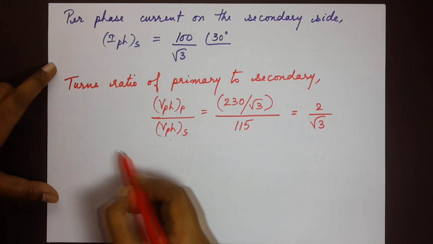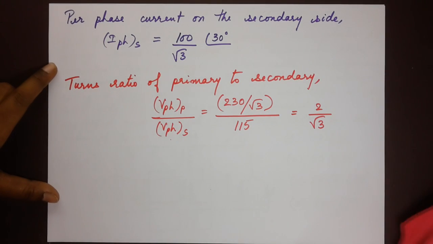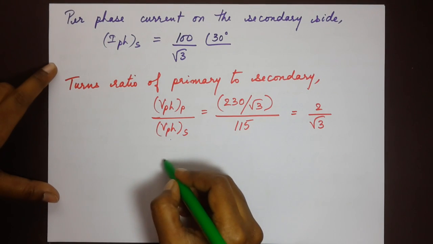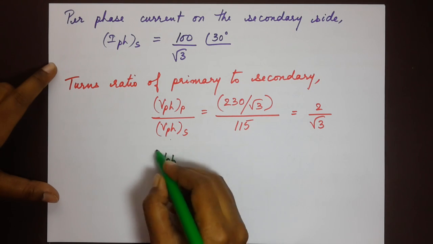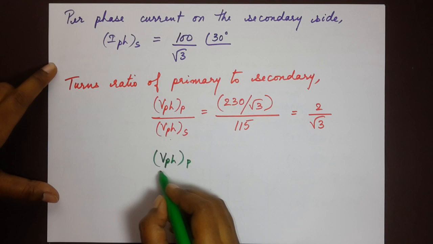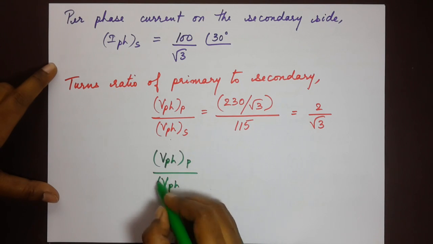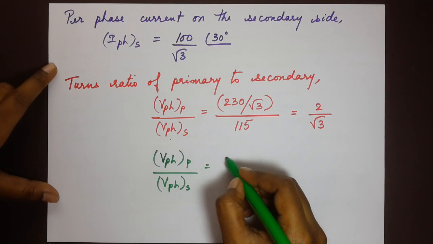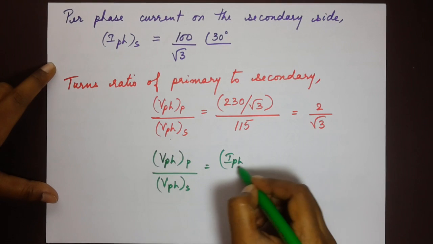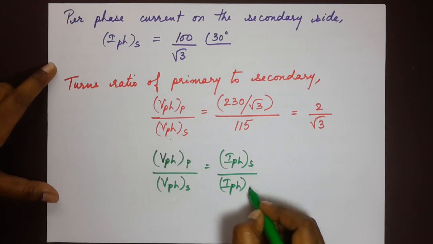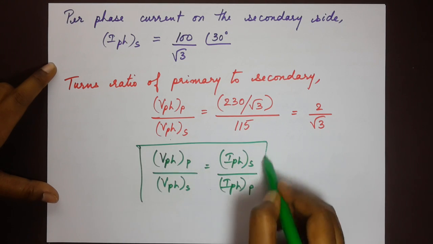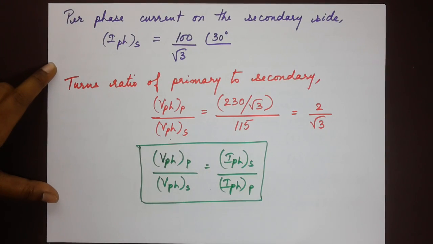Now since we know that in terms of the primary and secondary, V phase primary by V phase secondary equals I phase secondary divided by I phase primary. Using this ratio, we can find out what is the value of I phase primary.